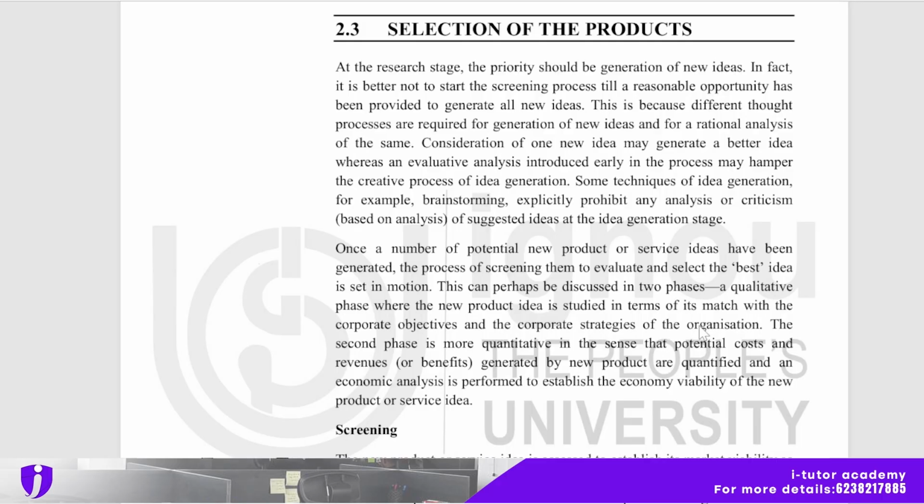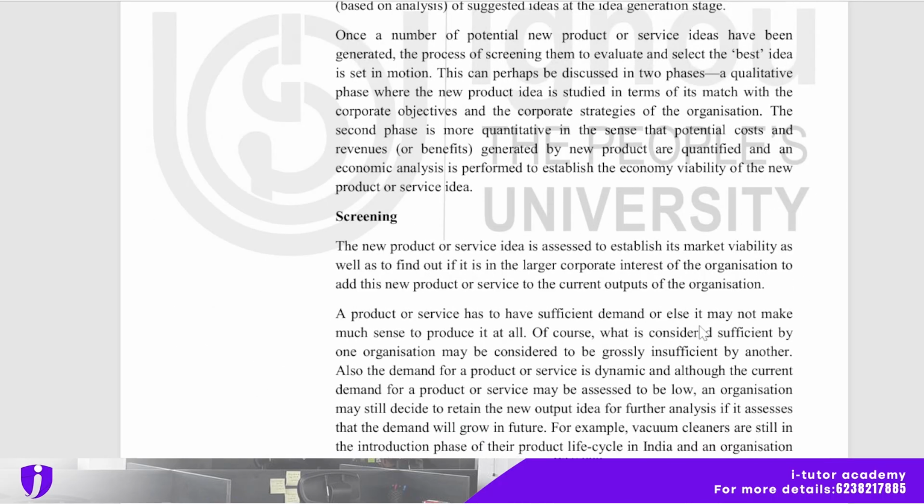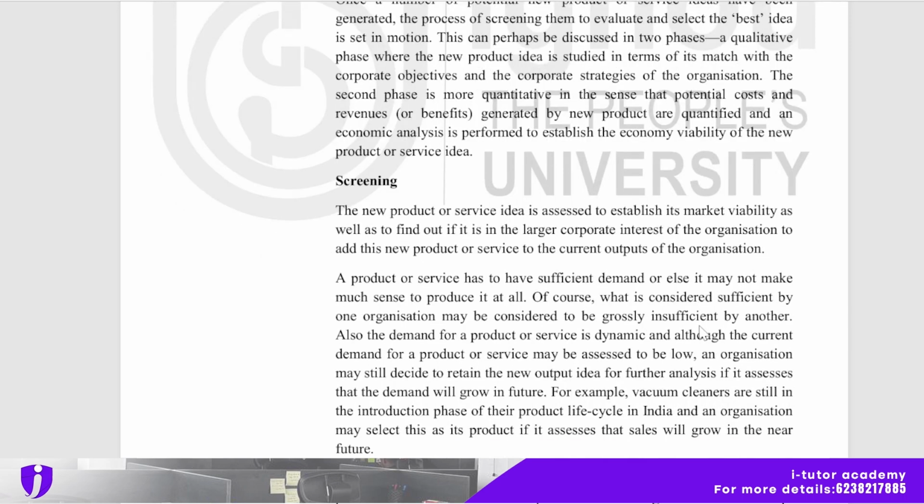Consideration of one new idea may generate a better idea, whereas an evaluative analysis introduced early in the process may hamper the creative process of idea generation. Some techniques of idea generation, for example brainstorming, explicitly prohibit any analysis or criticism of suggested ideas at the idea generation stage. Once a number of potential new product or service ideas have been generated, the process of screening them to evaluate and select the best idea is set in motion.